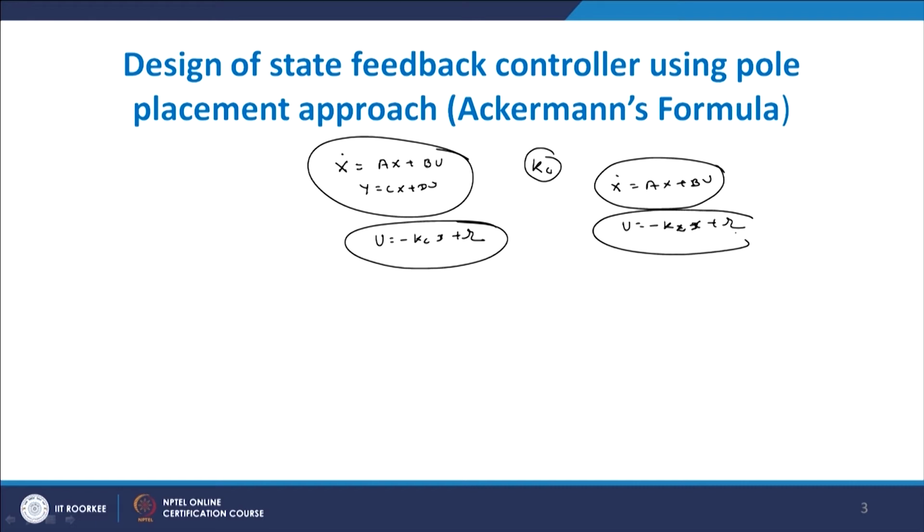So, these are the relationship between this and this, and in that there is one part coming, controllability issues, Qc, B, AB, up to A raised to n minus 1 B, and one important thing which will come, that is the desired poles, say Qd, which is the desired poles.